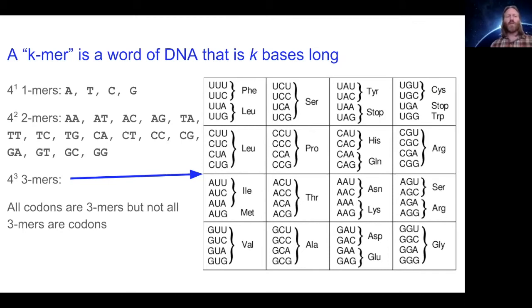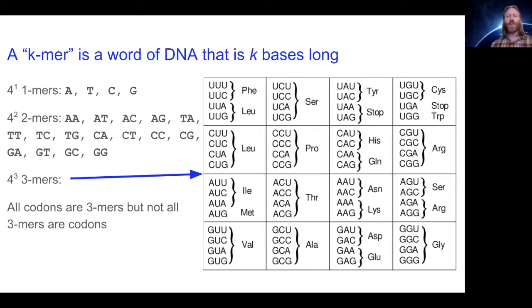At the level of 2-mers, we have AA, AT, AC, AG, and so on. So there's 16 of those, or 4 to the 2-mers. And it keeps going like that. So there are 4 to the 3-mers, and we also know those as codons.